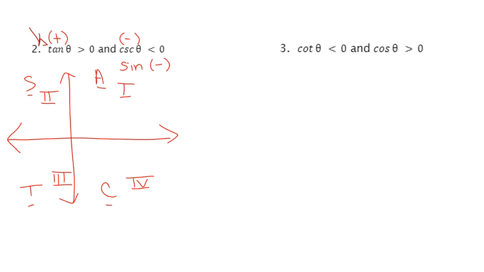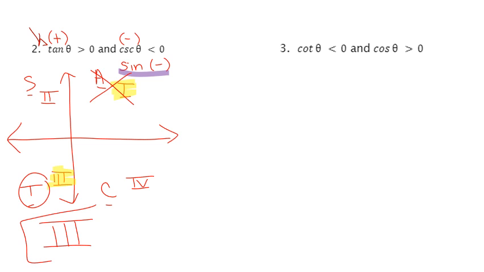That could be either quadrant 3 or quadrant 1. But we have that sine is negative. So we know it can't be quadrant 1 because there's no negatives allowed in quadrant 1. So this would be in quadrant 3, and that would be your final answer.